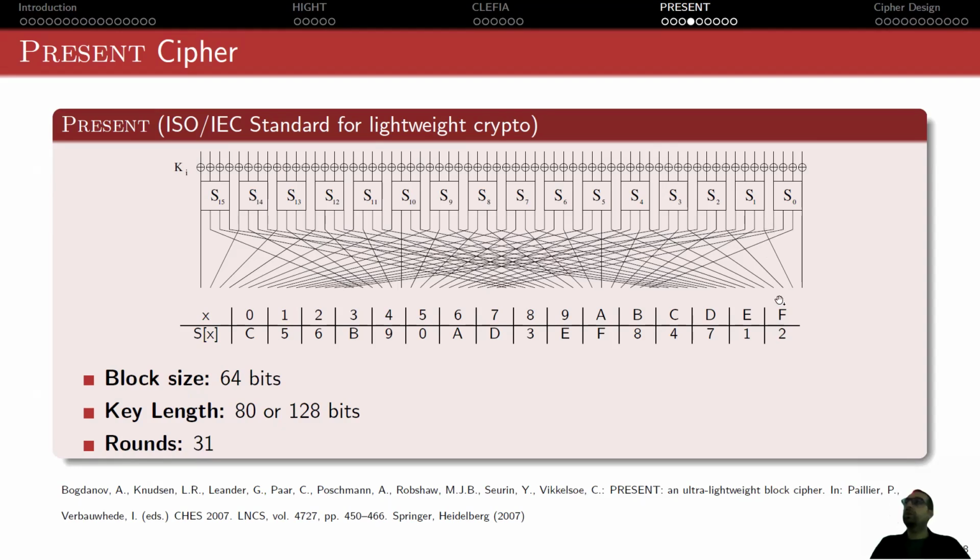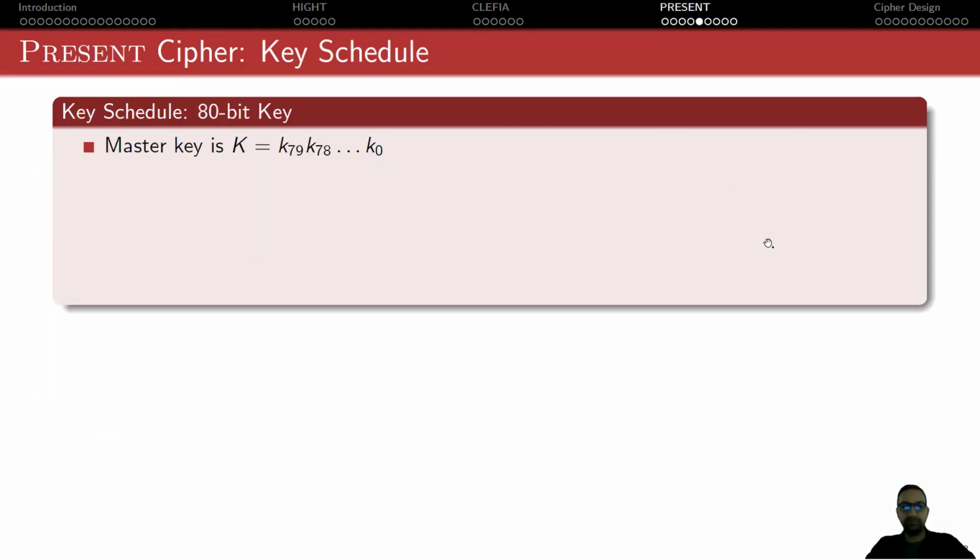So this way you provide diffusion. So if you only make a small change in the input, like by flipping this bit, 4 or 5 rounds later, it will affect all of the S-boxes. So after 31 rounds, it will affect the ciphertext completely. So this way, people won't be able to capture much information from this, okay?